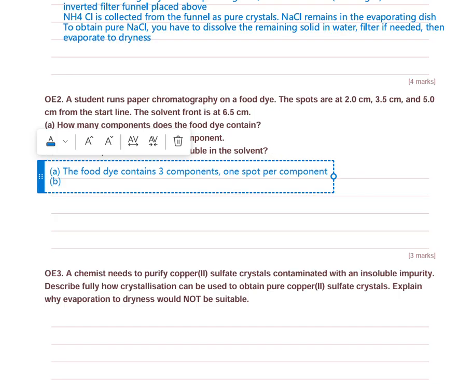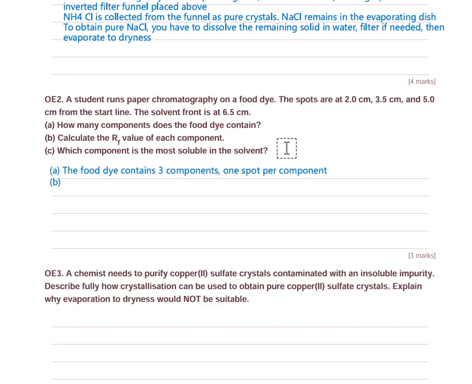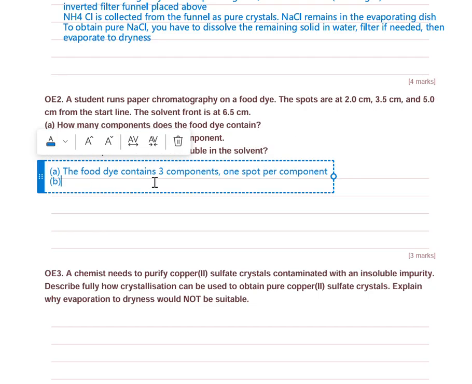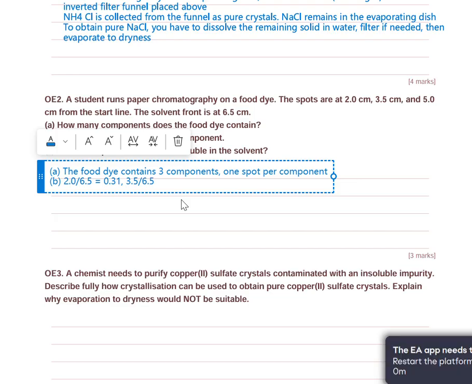Part B. Calculate the Rf value for each of the components. Okay, so let's do this, quite simple. For the first one, we write 2.0 divided by 6.5, which equals 0.31. Next one will be 3.5 divided by 6.5, which is 0.5.